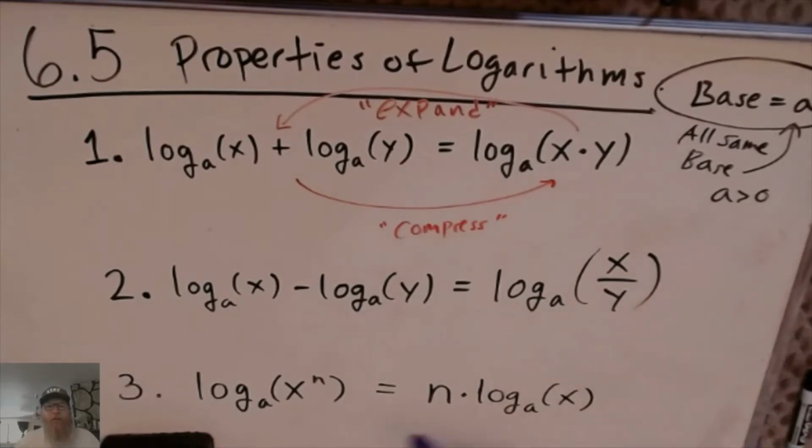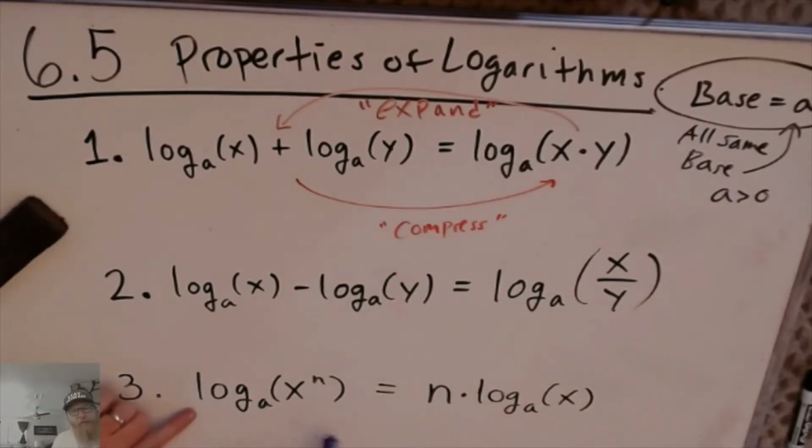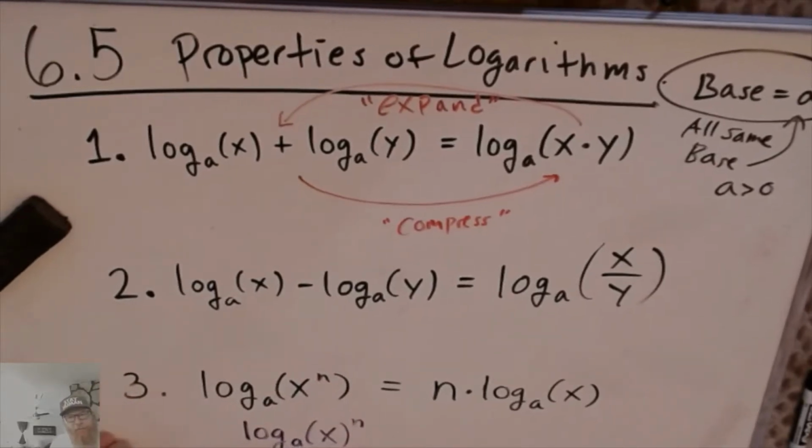And I should mention on this left-hand side here, sometimes we write it this way, and these mean the same thing. So if I say log base a of x^n, or if I say log base a of x to the n, these mean the same thing.